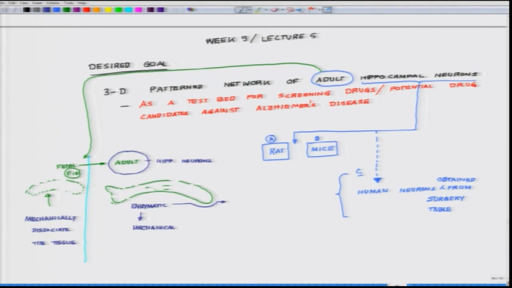The enzyme has to be mild enough not to damage these cells, because the regenerating potential of adult hippocampal neurons is very, very limited.